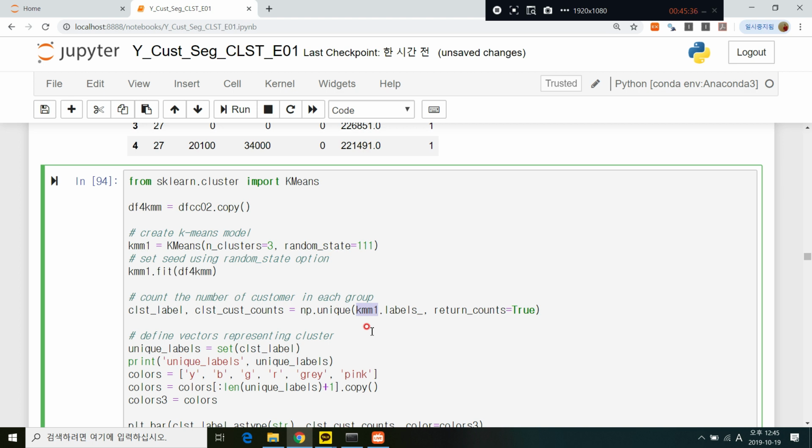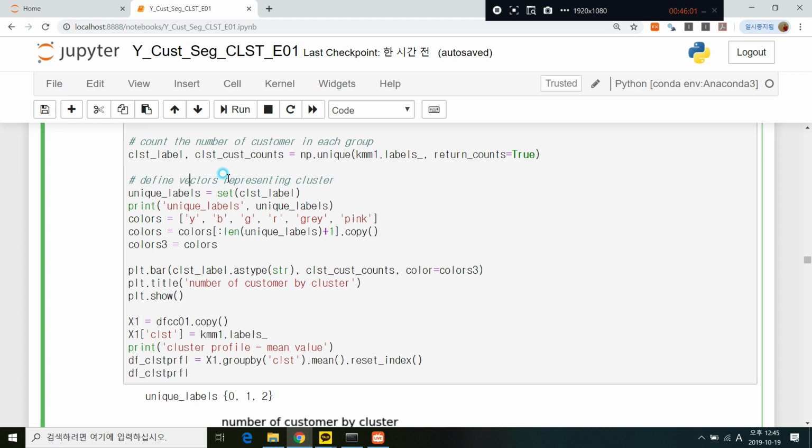It's not a skeleton, it's trained, so we can get labels, the customer labels, and counts from the model, and we store those two into cluster label and cluster count, customer counts. And frequency should be here. And define vectors representing clusters, okay? And the colors.